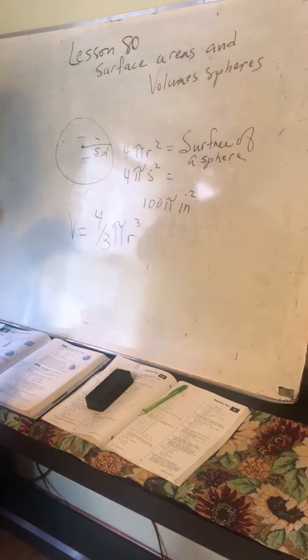I'll do one more with you. Say this radius was 6 centimeters. The volume of the sphere with 6 centimeters here would be 4/3 pi times 6 cubed.